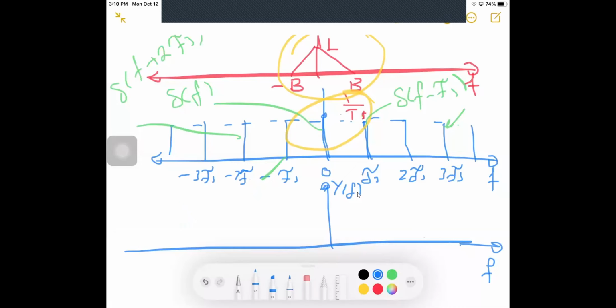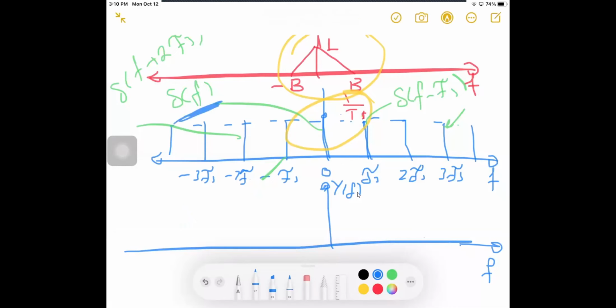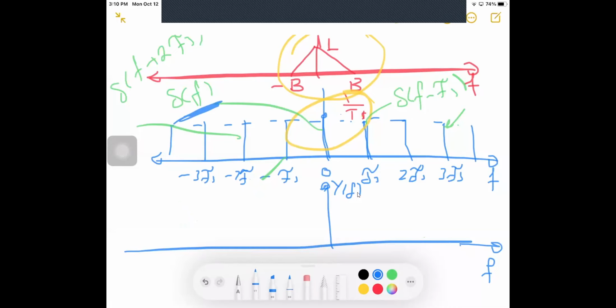First of all, x of f convolved with whom? With delta of f. So what will be the result? X of f convolved with the first impulse function, which is delta of f. It will be x of f itself.